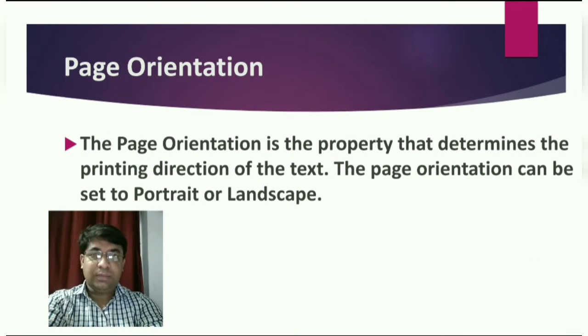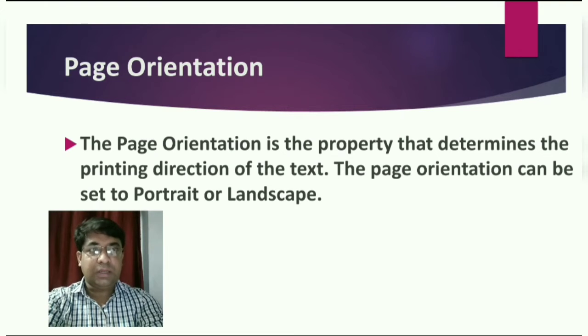So after knowing about page margin, now we will learn about page orientation. The page orientation is the property that determines the printing direction of the text. Orientation means the layout position of the paper for printing. There are two ways to set the orientation of a page in a Microsoft Word document: portrait and landscape.